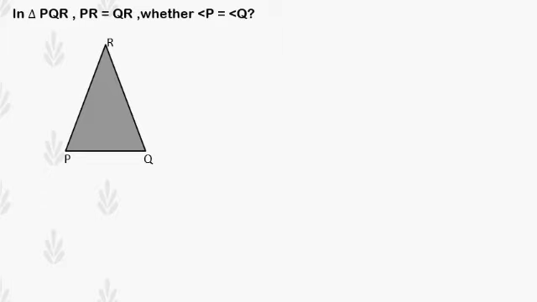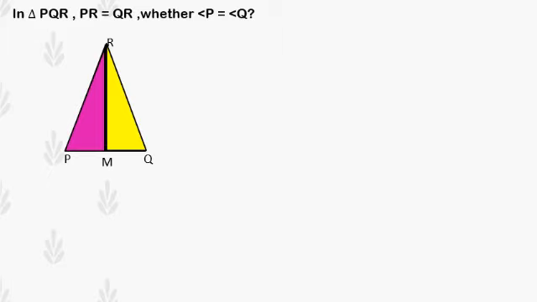Let's split the triangle into two. For that, draw a perpendicular from the vertex R to base side PQ. Here M is the midpoint of the side PQ. Now we have two triangles, triangle PMR and triangle QMR.